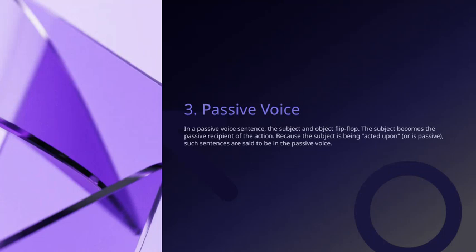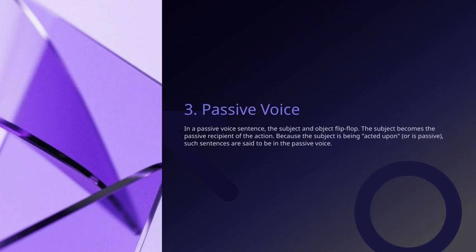Now let's talk about passive voice. In a passive voice sentence, the roles of the subject and object switch places. The subject becomes the receiver of the action rather than the doer. For example, instead of saying, "The chef cooked the meal," in passive voice, it becomes, "The meal was cooked by the chef." The key idea here is that the subject is acted upon, which is why we call these sentences passive.